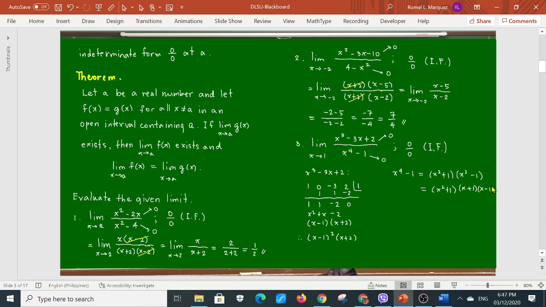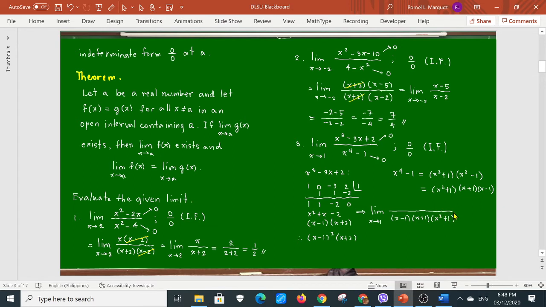So therefore, we now have the limit as x approaches 1, and the denominator is x minus 1, x plus 1, x squared plus 1.